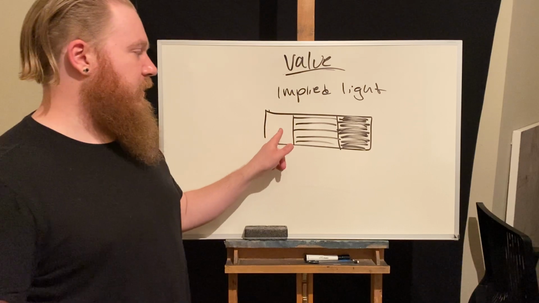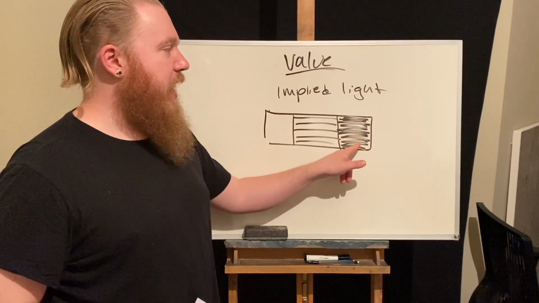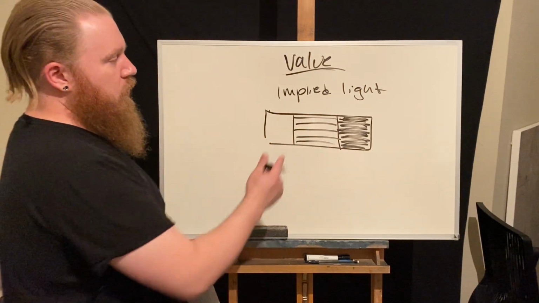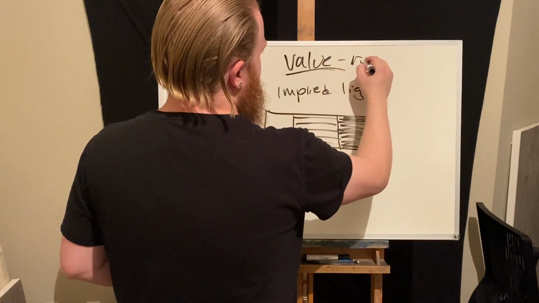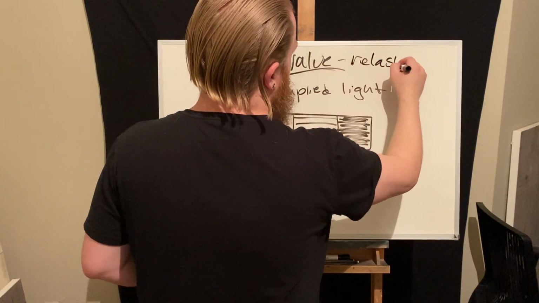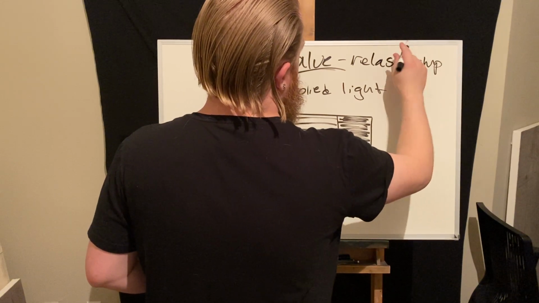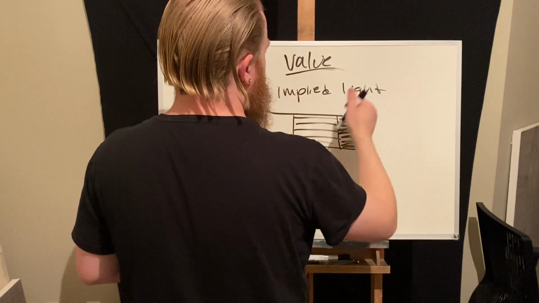And vice versa, the light form is going to be perceived in a much different way when it's right next to the super dark black form, okay? And so this is where this value relationship comes into play.